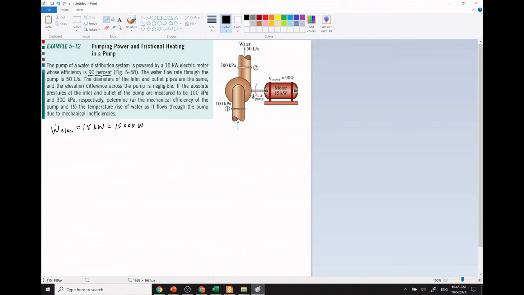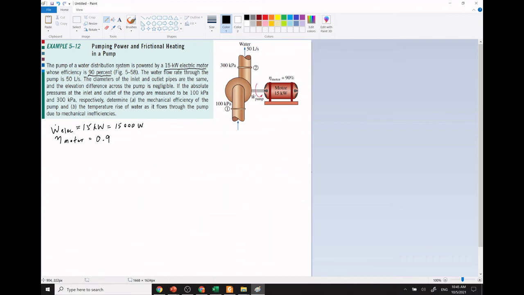And then you have the efficiency. Efficiency is 90%. So we know it's 15 kilowatt electricity, and the efficiency of the motor is 90%, which is 0.9 in terms of fraction.